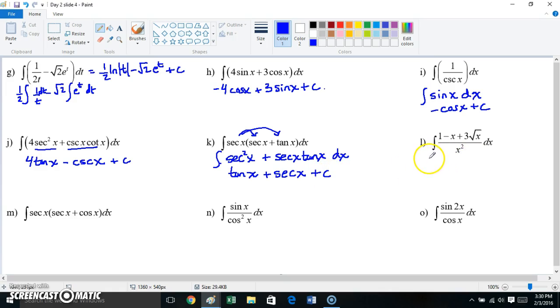Letter L. We're going to rewrite this, breaking up the numerator into 3 terms, 1 over x squared minus 1 over x plus 3 over x to the 3/2. The first and last terms we can rewrite as negative exponents before we use the anti-power rule.